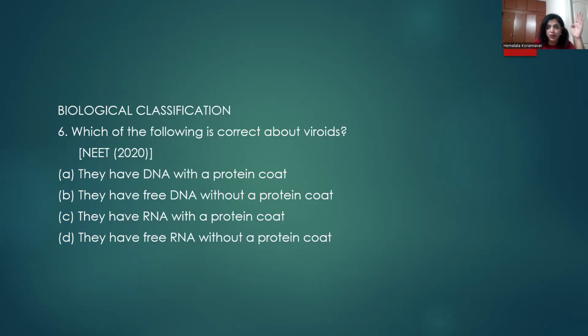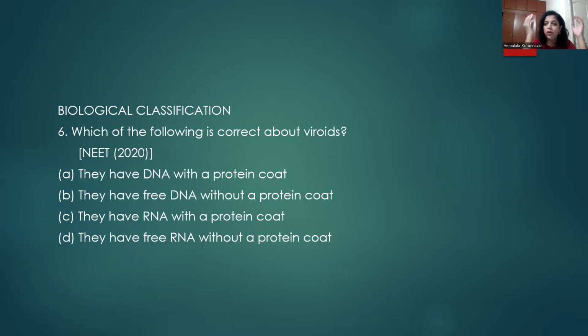What I told you was the living world chapter, living organisms. Under biological classification: which of the following is correct about viroids? This was asked in 2020. Whenever you take up any question, instead of rushing to the answers, think about it, because you are preparing. In the exam you may rush to the answers, but while preparing, close your eyes and think about viroids.